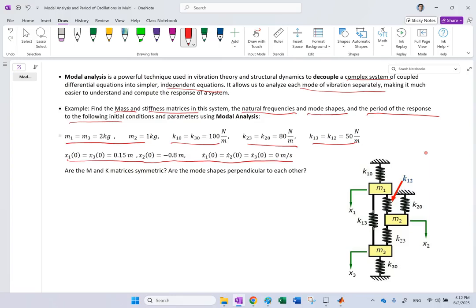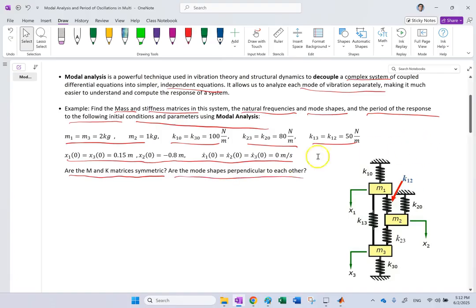And we want to find the response of the system to these specific initial conditions, right? You know that you need 6 initial conditions because we have 3 second order ODEs, and we want to do it with modal analysis. We're also going to look at whether the M and K matrices have specific properties, and what about the mode shapes? Do they have specific properties? And whatever we extract here is not limited only to this specific system.